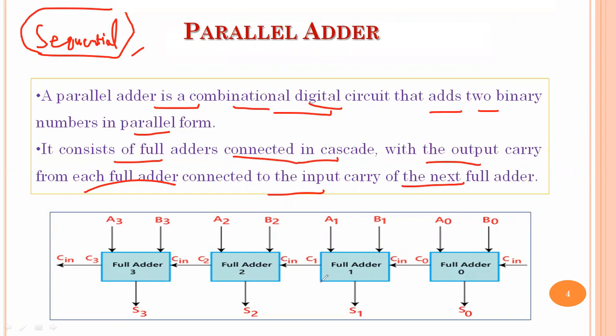You can say that n full adders are there, and the pairs of inputs like A0, B0, A1, B1, A2, B2, similarly An and Bn will be supplied. The carry of this full adder will act as input to the next full adder, and similarly like this, our results will become S0, S1, S2, and S3. Clear?